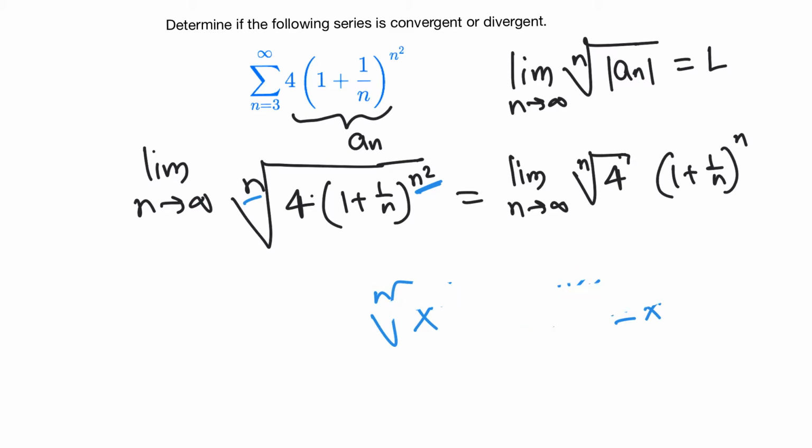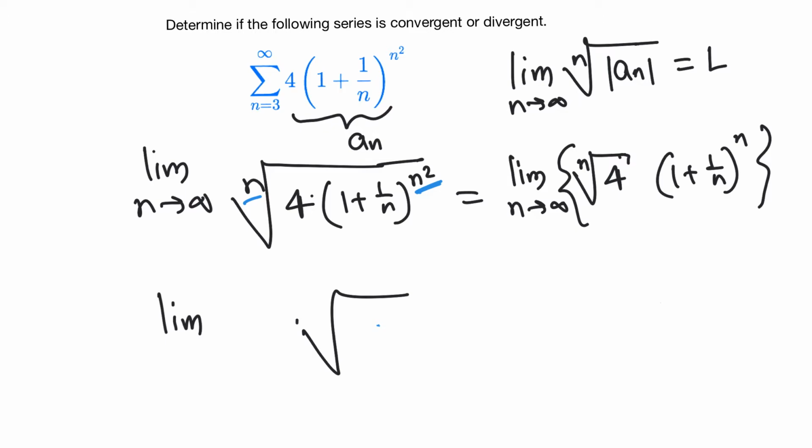Now we want to evaluate this limit, in fact this limit for both. We know that when we take the limit of, let's say, a really high root, the 1000th root of any number, it will be close to 1.